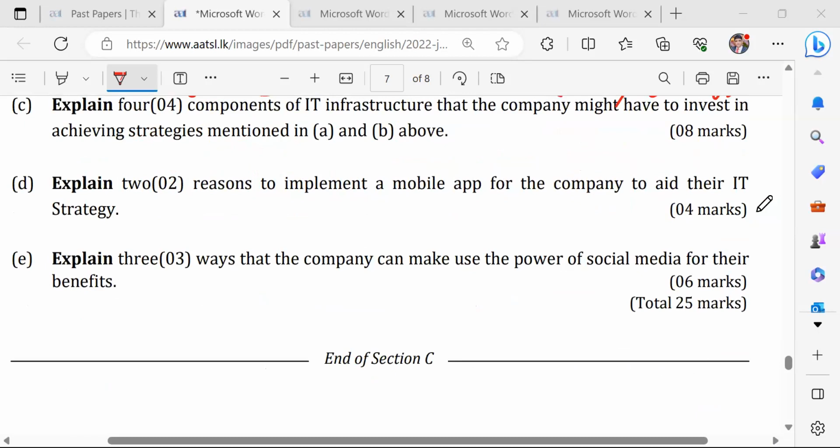Explain 3 ways that the company can make use of the power of social media for their benefit.